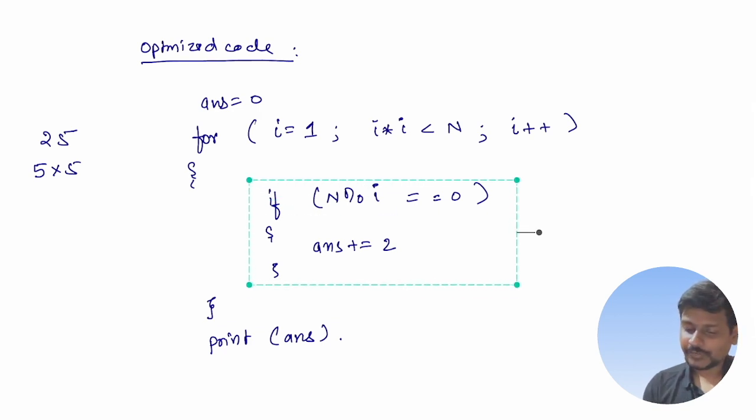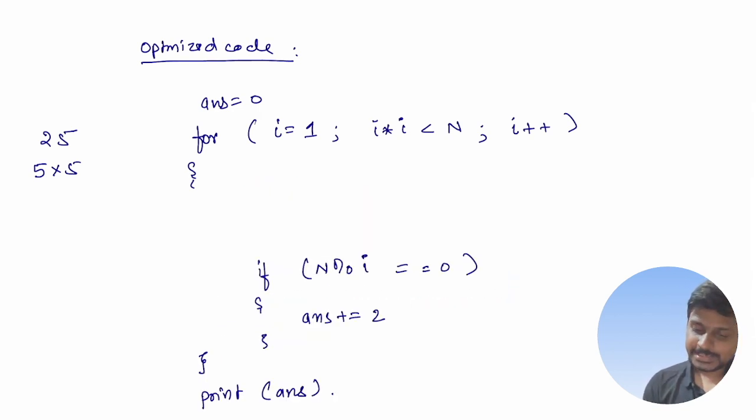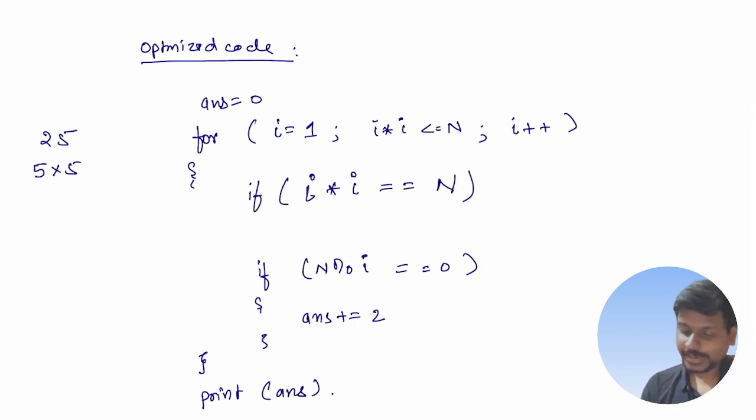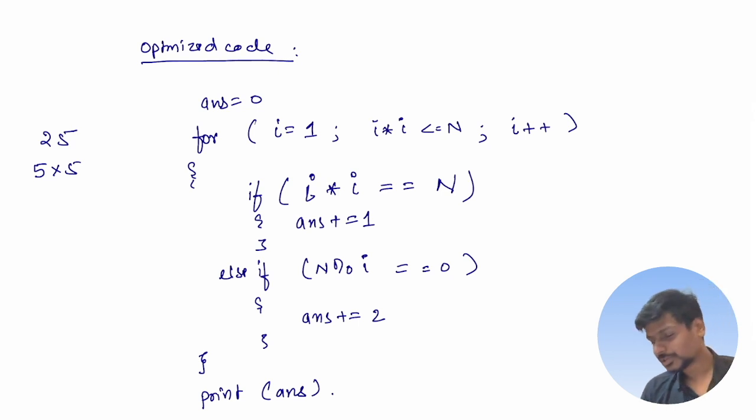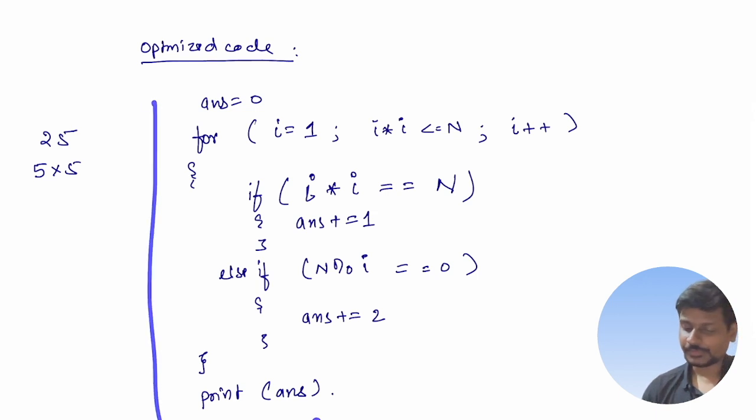We'll put a case: if i into i is equal to n, then we simply say answer += 1. Else if n % i is equal to 0, then answer += 2. And now we have written the complete code, right?